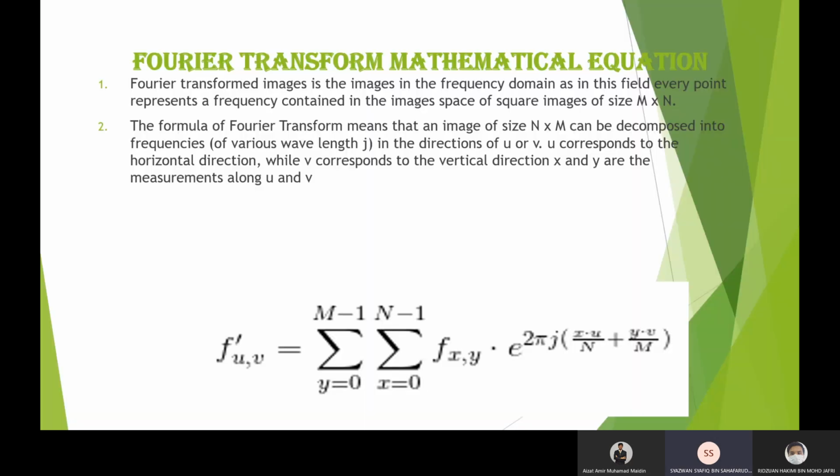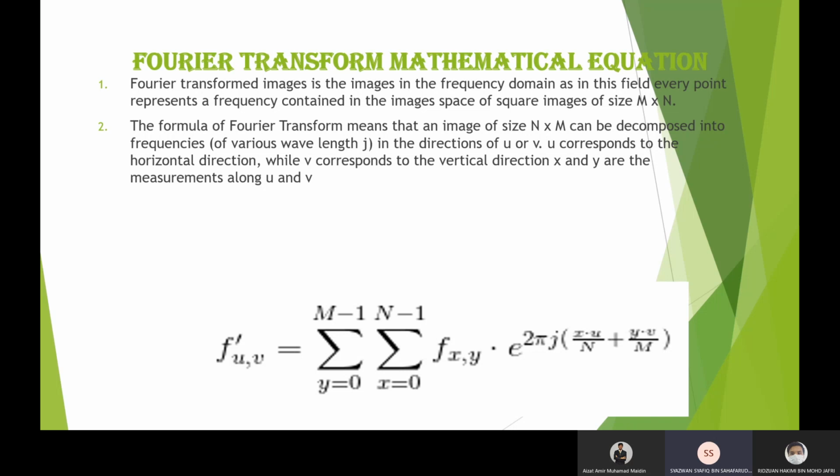So, the Fourier transform mathematical equation used in face recognition: the Fourier transform image is the image in the frequency domain. In this field, every point represents a frequency content in the image space of a square image of size m times n.